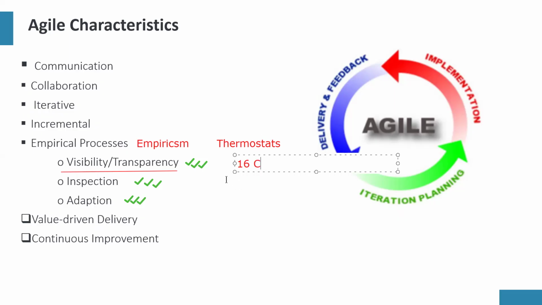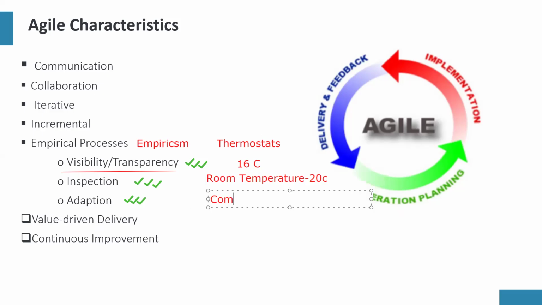So what does the thermostat do? It will inspect room temperature. It will check the room temperature. Let's say the room temperature is at 20 degrees Celsius. Then it will adapt. It will tell the compressor to keep on working.